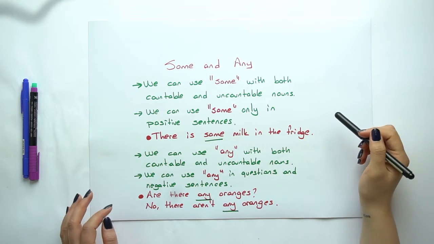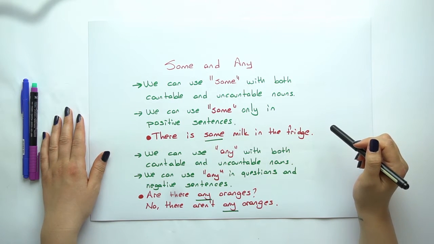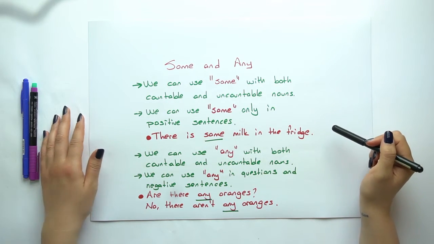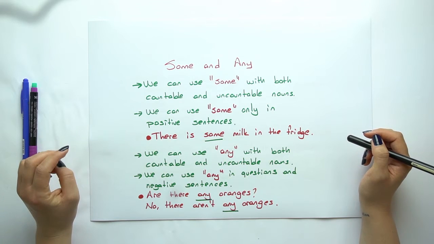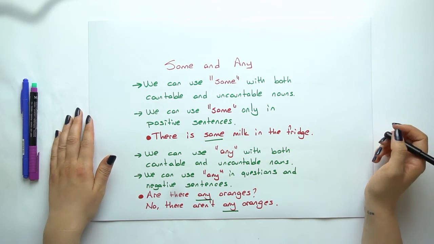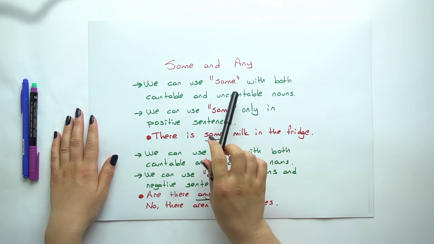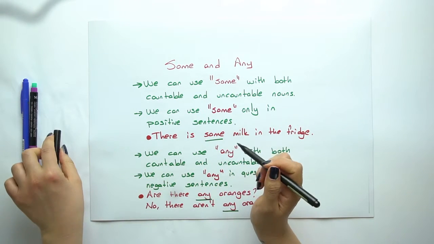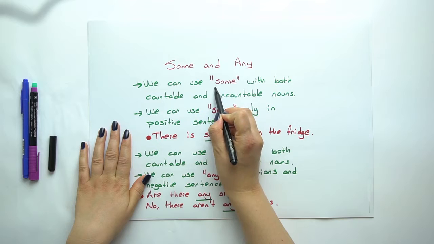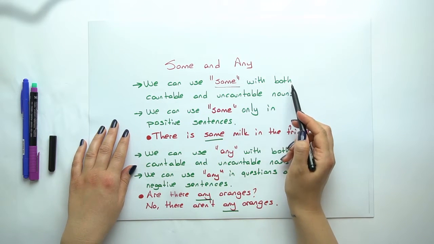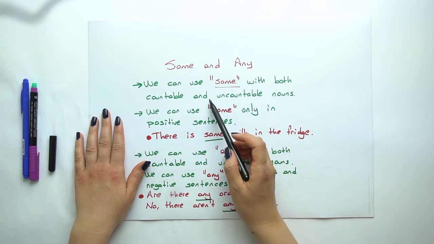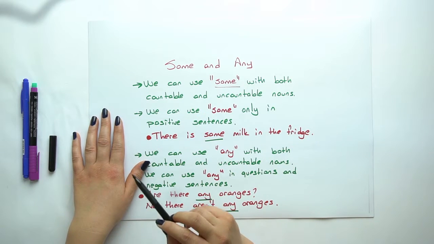Now, in this part, we will talk about some and any. We will talk about what they are. Okay, first we will talk about some. We can use some with both countable and uncountable nouns.